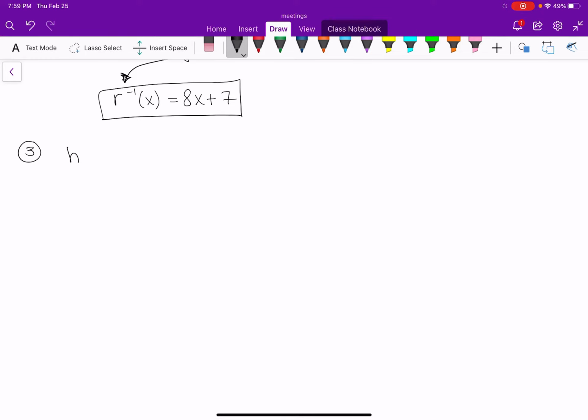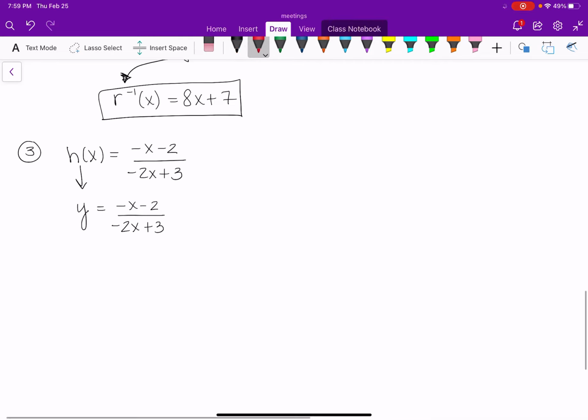We have h of x is equal to -x minus 2 over -2x plus 3. Again, remember taking that h of x and making it a y. So y equals -x minus 2 over -2x plus 3.